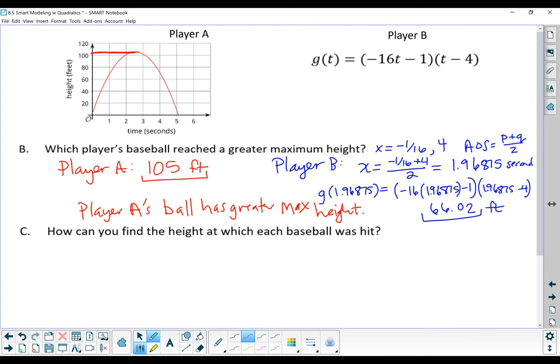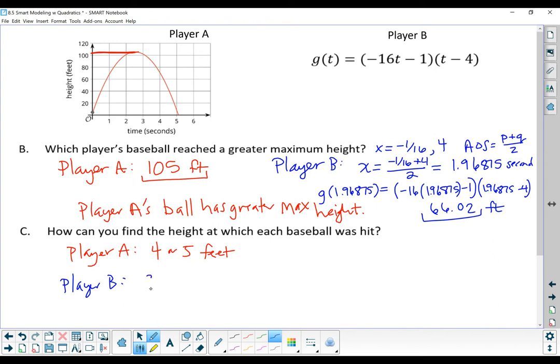Okay, and then the last question is, how can you find the height at which each ball was hit? If you're looking for the height at which the ball was hit, you're looking for the y-intercept where its flight started. That's a little bit tricky to estimate from the graph. For player A, we would maybe estimate 4 or 5 feet. For player B, we would sub 0 into our equation because we're looking for the y-intercept.